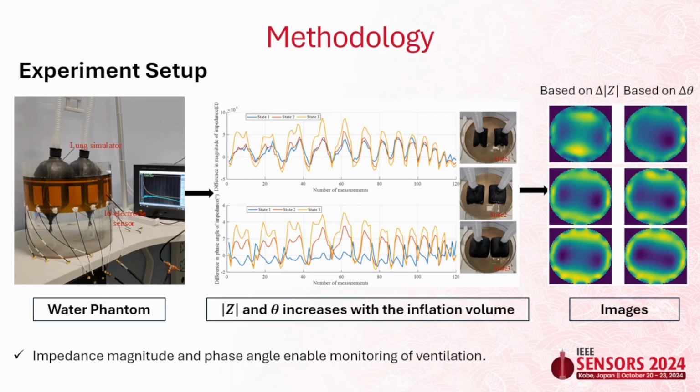In fact, it's the impedance between every two electrodes, so we make a scan over all the electrodes, and we got the impedance magnitude data on the top and the phase data on the bottom. Then we reconstruct the images based on both the magnitude and the phase. As you can see, both of them show the size and position of these two inflatable balls.